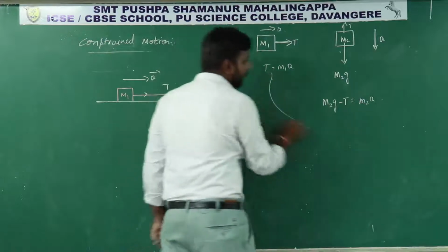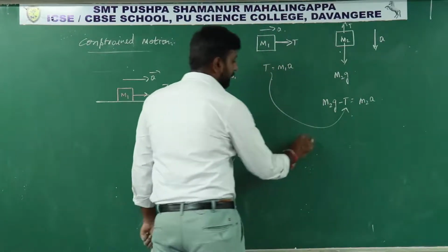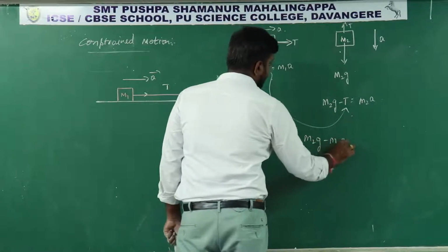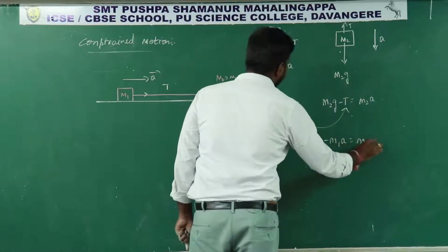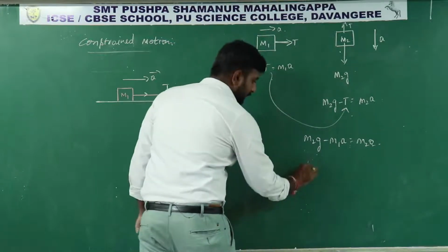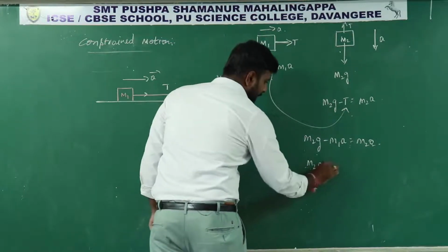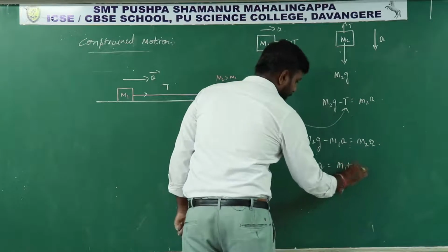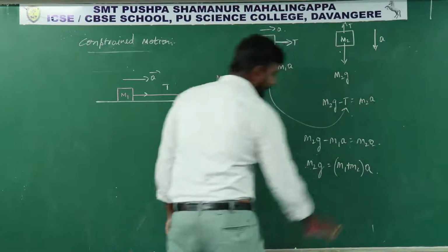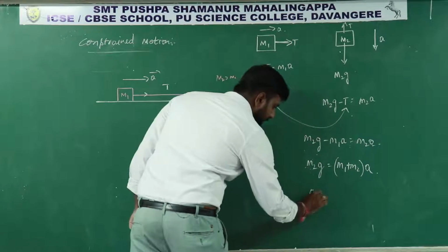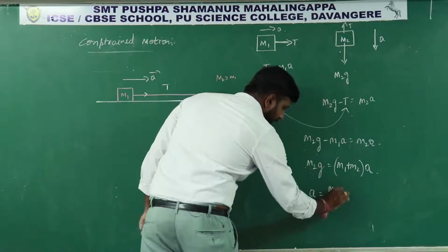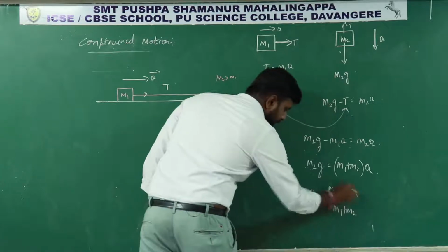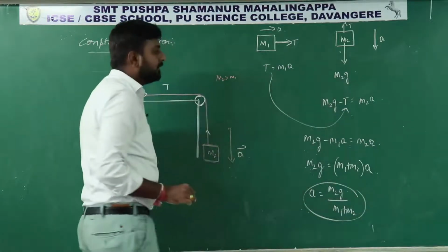Now this T value you shift here, m2g minus m1a is equal to m2a, and m2g is equal to m1 plus m2 into a. You can write acceleration is equal to m2g divided by m1 plus m2. This is the formula of acceleration.